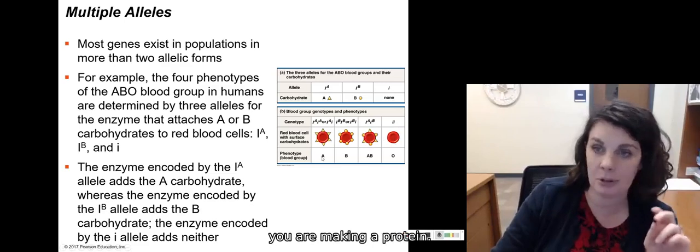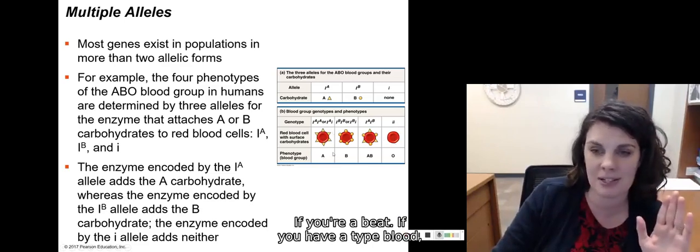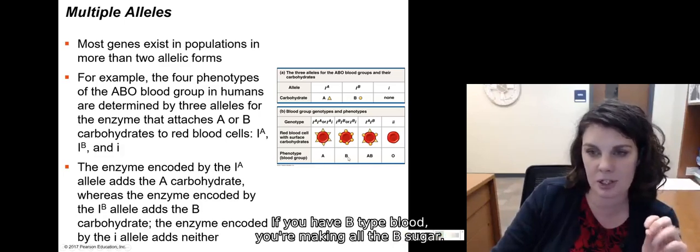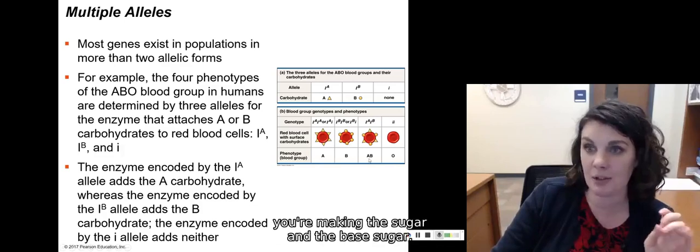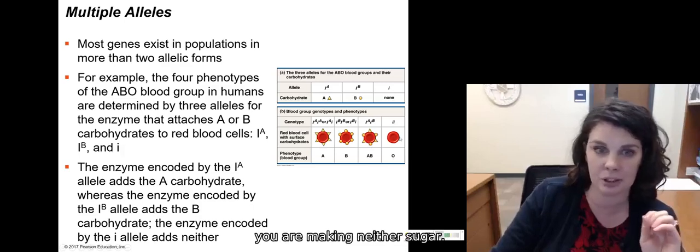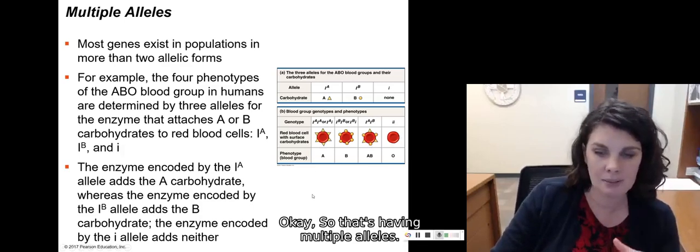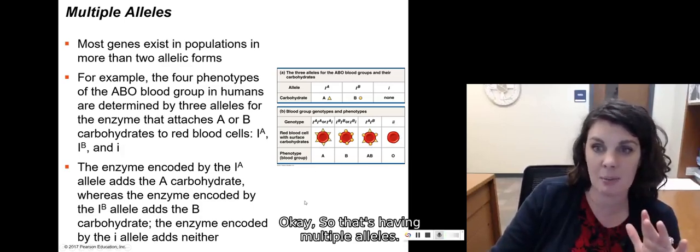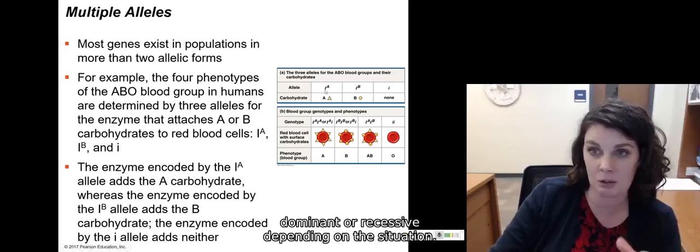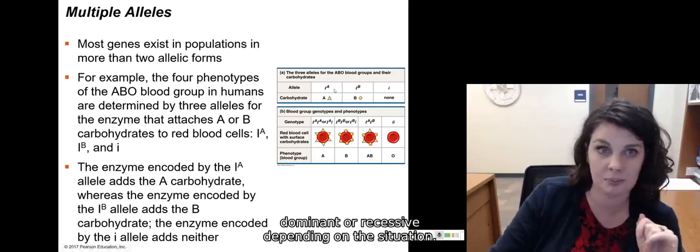So if you have A-type blood, you're making only the A sugar. If you have B-type blood, you're making only the B sugar. If you have AB-type blood, you're making the A sugar and the B sugar. And if you have O-type blood, you are making neither sugar. Okay, so that's having multiple alleles, different types that can be dominant or recessive depending on the situation.